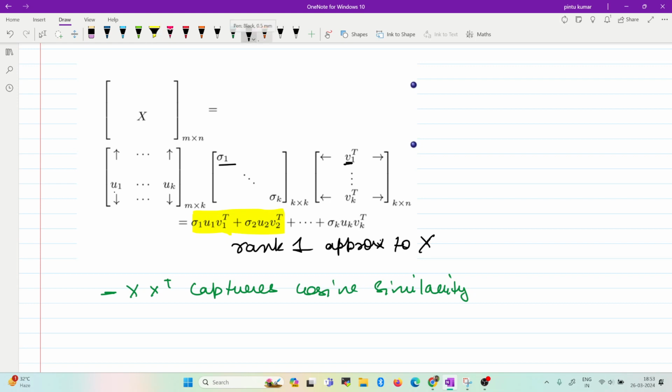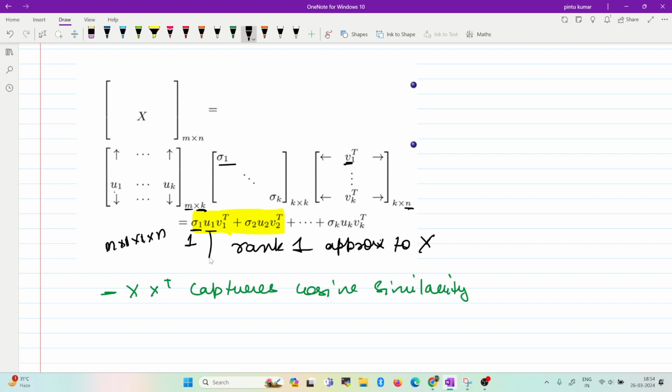One thing that you should see over here is that this sigma 1 is just a scalar. What is the dimension of your u1? This matrix is m cross k. So u1 is a vector, m cross 1. Similarly, your v transpose is one row and there are n columns, so this is 1 cross n.